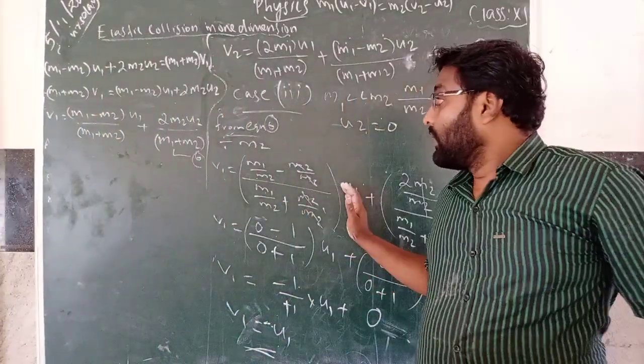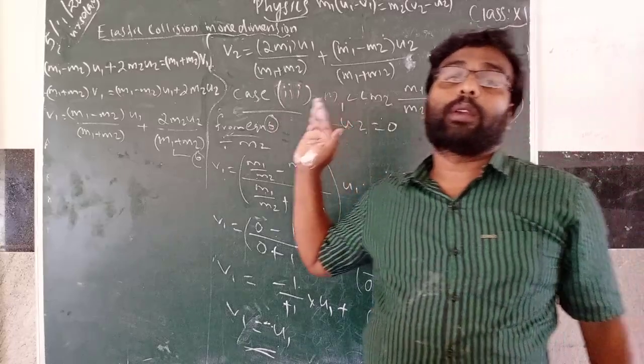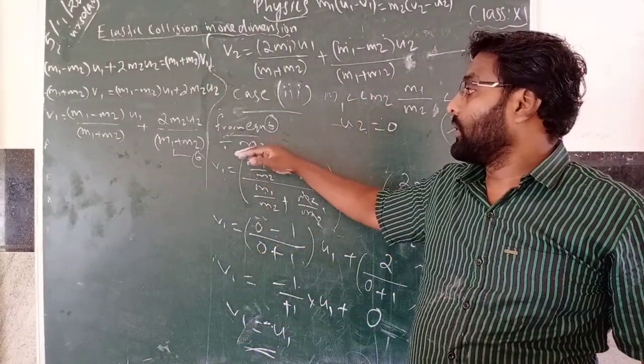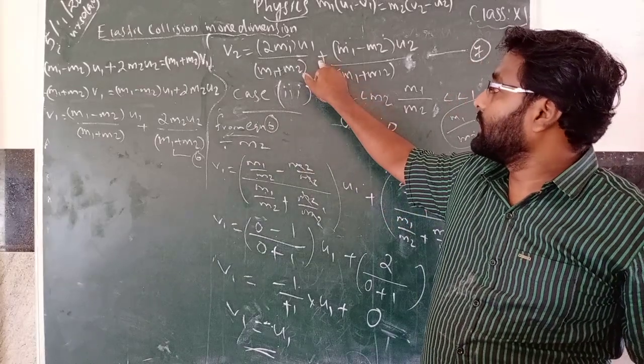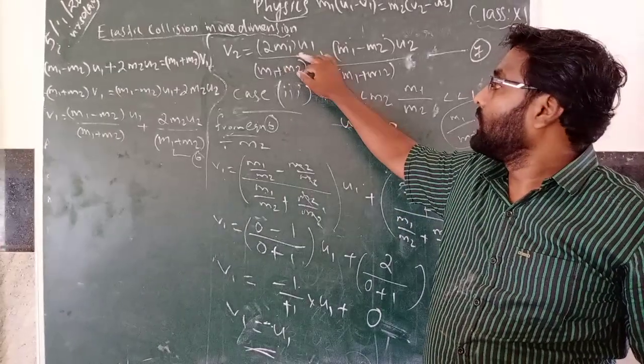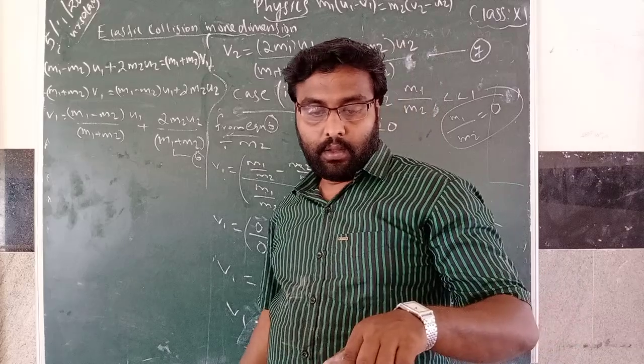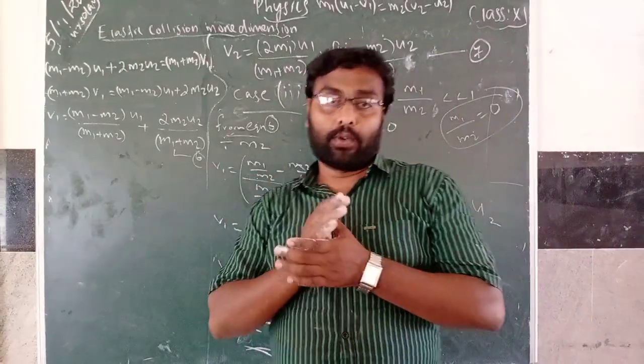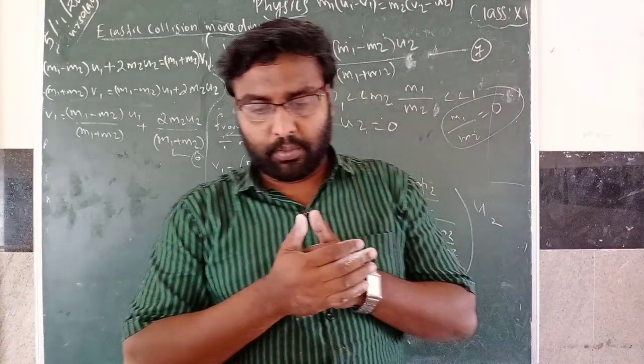The same thing for equation 7 also. You have to do what? In equation 7, divide by M2. So what answer will you get? V2 equal to 0 you will get. The same thing in case 4. Case 4 you can see in the textbook.